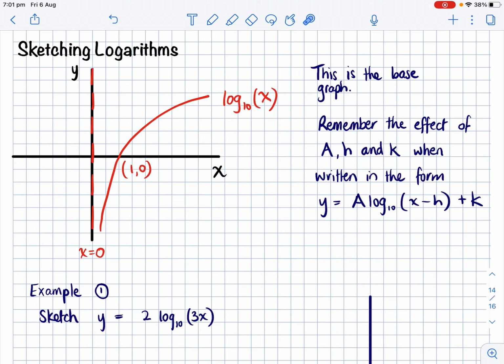Remember that a is a dilation, h is a translation left and right, k is a translation up and down, and if I have a negative out the front, that'll be a reflection in the x-axis, and if I have a negative inside my brackets, that'll be a reflection in the y-axis. Okay, so let's have a go at my two examples down below.